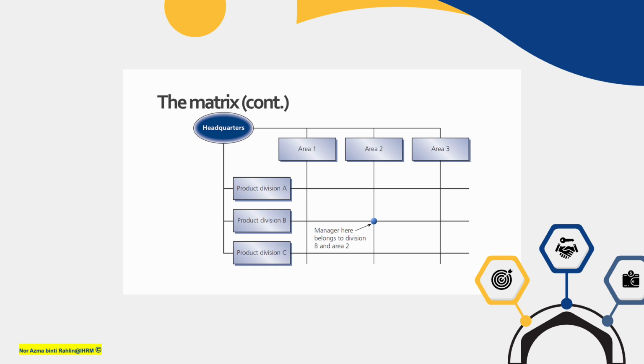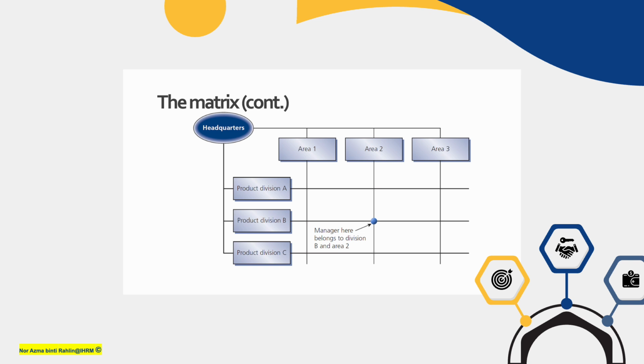Okay, this matrix organization structure actually improves communication and collaboration between employees from different departments. It can also enhance knowledge sharing and teamwork. This matrix also offers efficient resource utilization. Resources, including human capital, can be shared across projects and divisions.